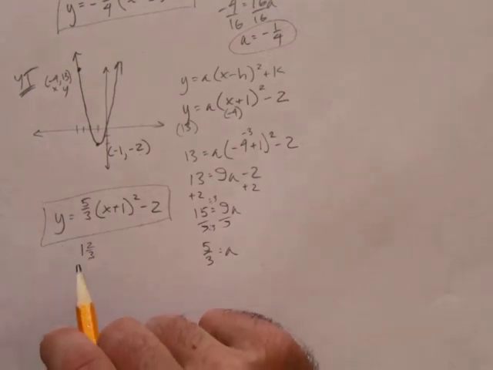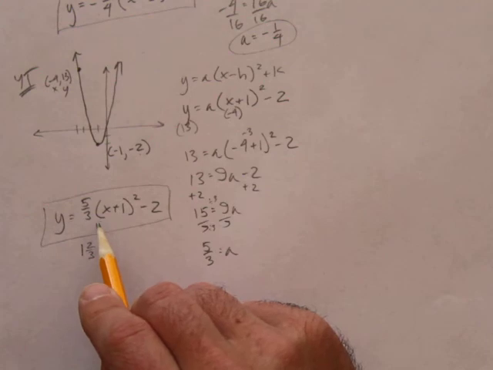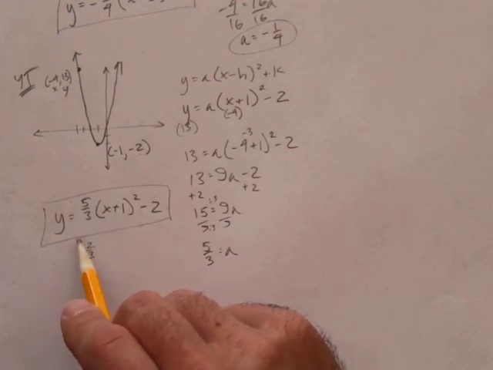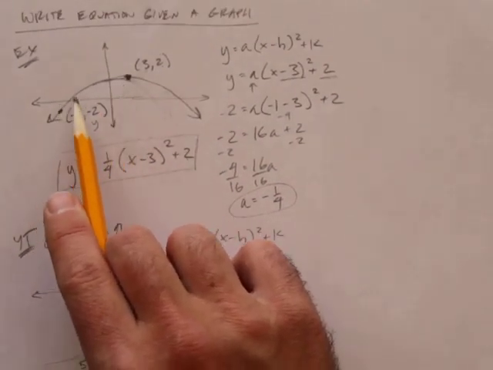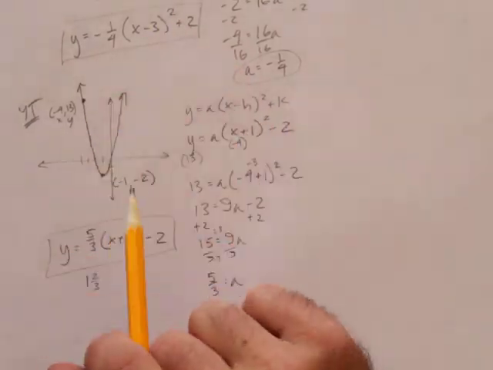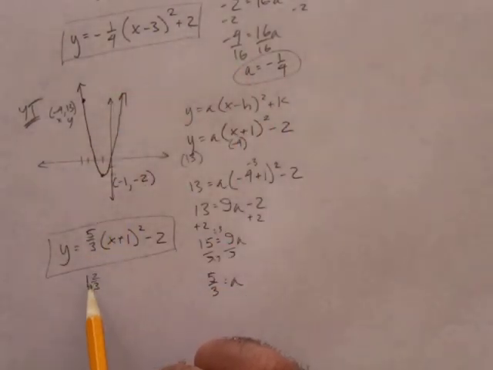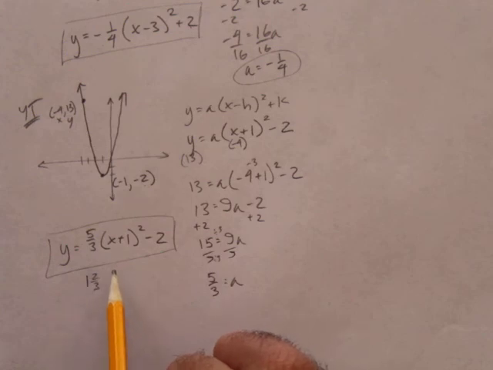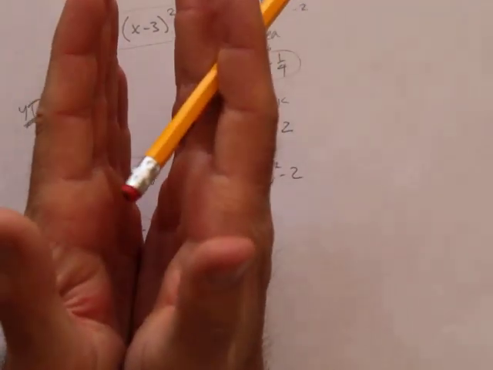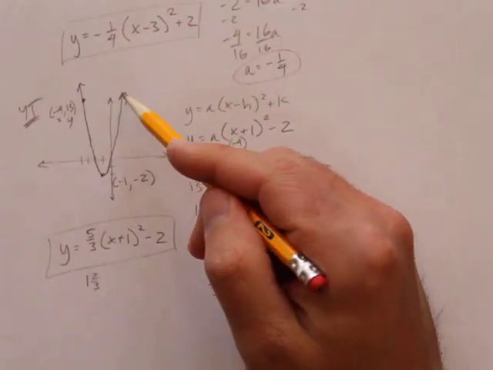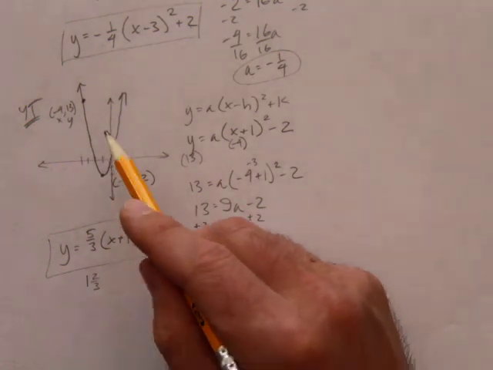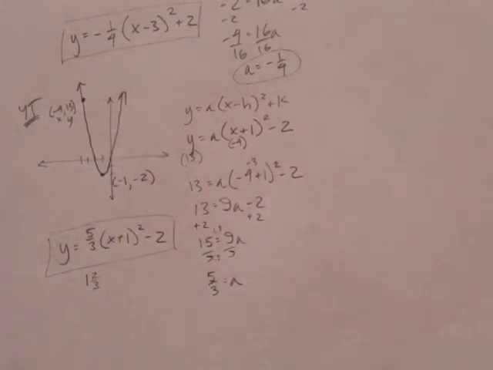So several times I've said, if it's a fraction between 0 and 1 or between 0 and negative 1, then it'll flatten the graph like this. If it is a number, fraction, whatever, that is greater than 1 or less than negative 1, then it's going to squish the graph in this way. And so that's what happened here. This is greater than 1, and so there we have it. And that is the end of section 4-7. Good luck on the homework.